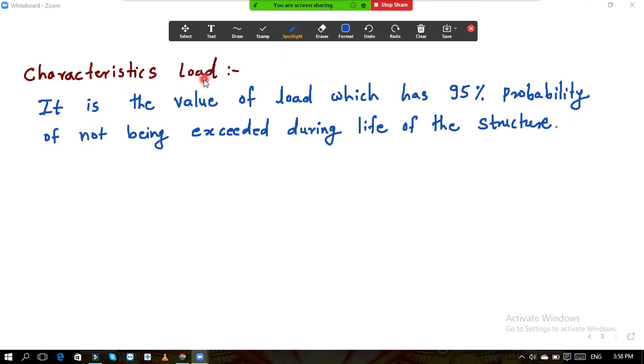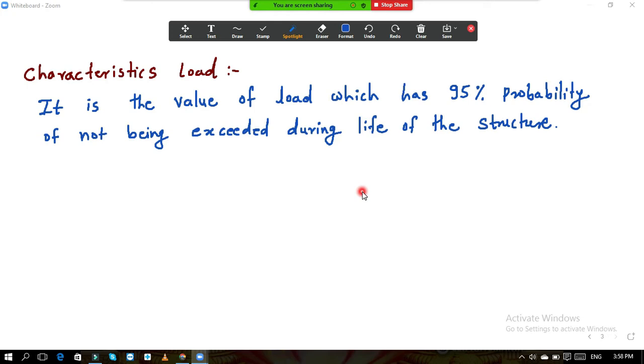So characteristic load, what does it mean? It is the value of load which has a 95% probability of not being exceeded during the life of the structure. Suppose a 1 BHK residential bungalow is there, and you consider the top slab, where above that slab a terrace is there.